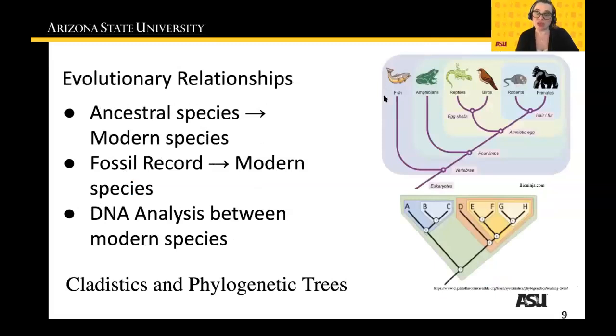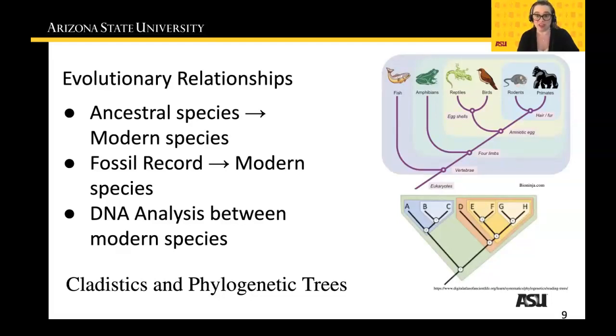We do know that evolutionary relationships do form from ancestral species to modern species, and we've even seen in the fossil record that we can see ancestors and modern organisms that have descended from them, occasionally finding things that may have come in between, sometimes referred to as transition fossils or transition species.